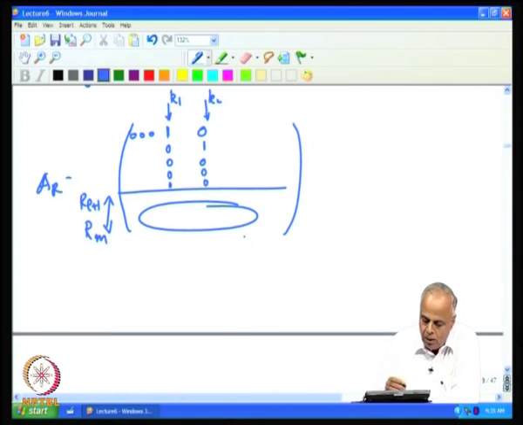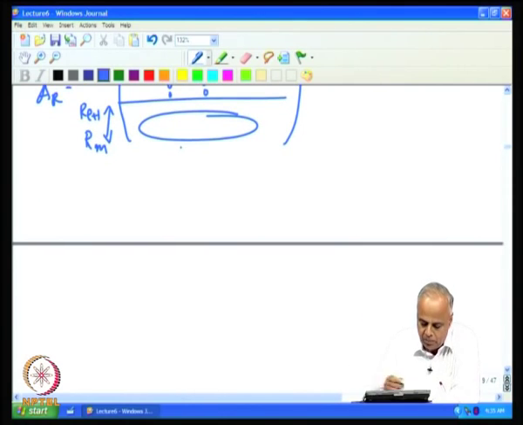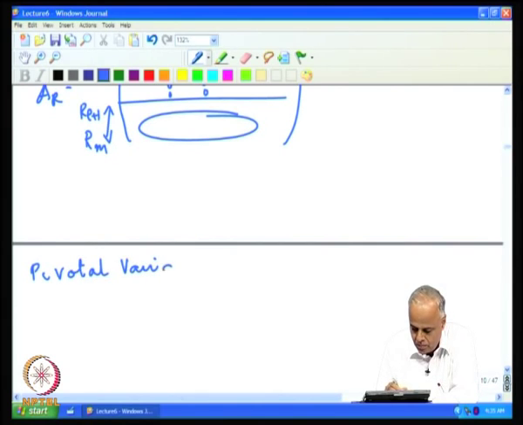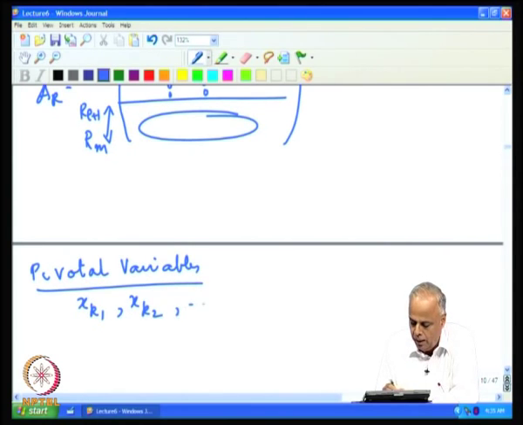Now, we know that the variables corresponding to the pivotal ones are the pivotal variables. So, the pivotal variables will be x k1, x k2 and x k rho.